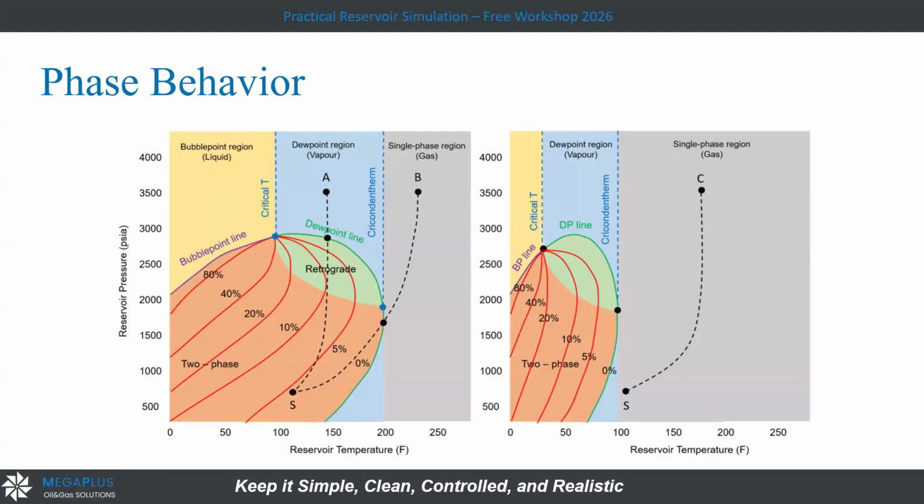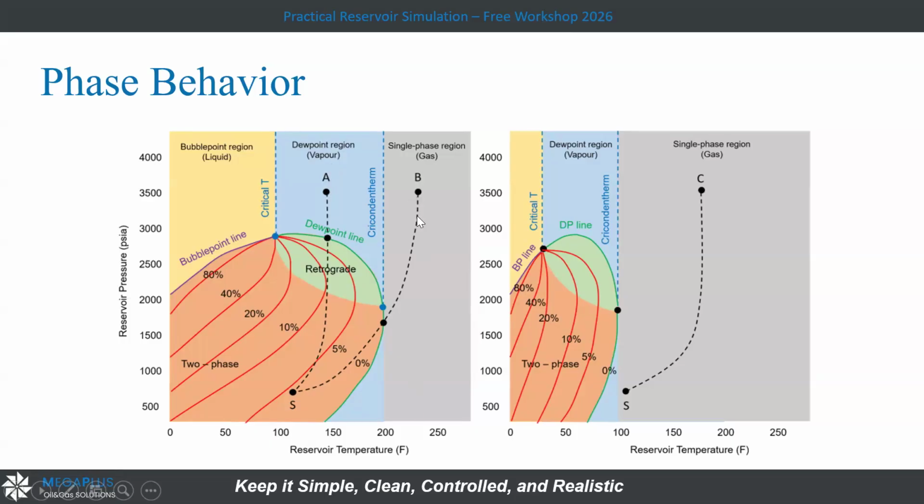So as an example in this picture, if we have the A here, and we agree that the reservoir is isothermal, this is a gas condensate. When the pressure declines, condensation will happen in the reservoir. But as an example B, if the pressure declines, it will remain in the gas phase.